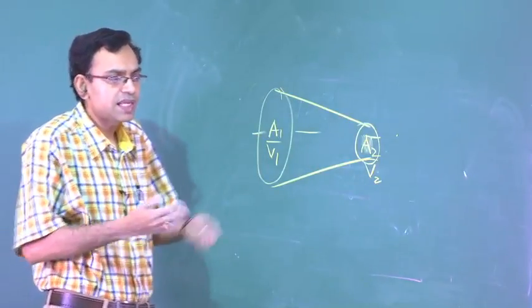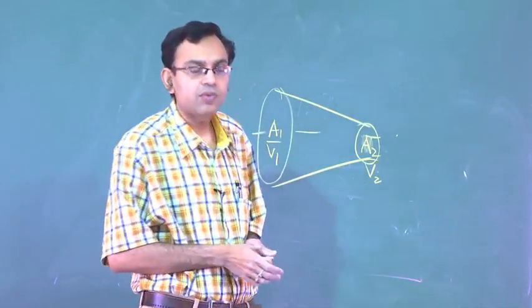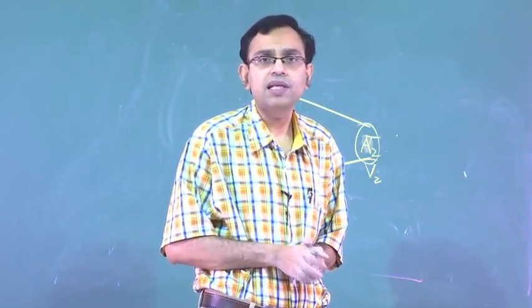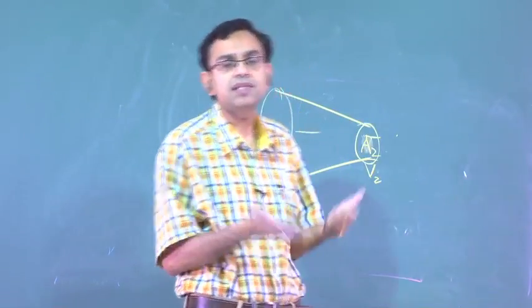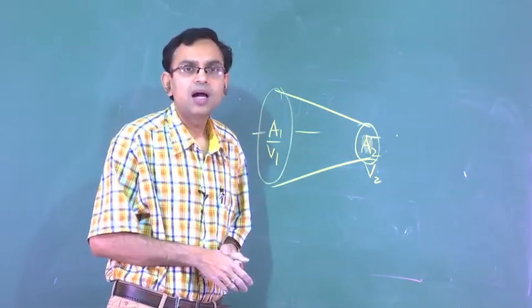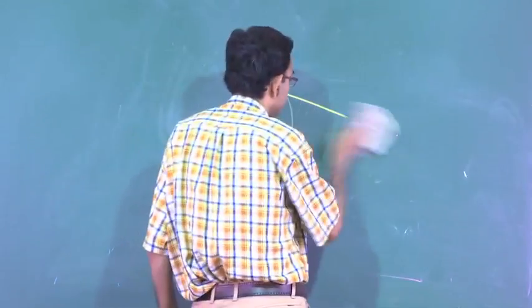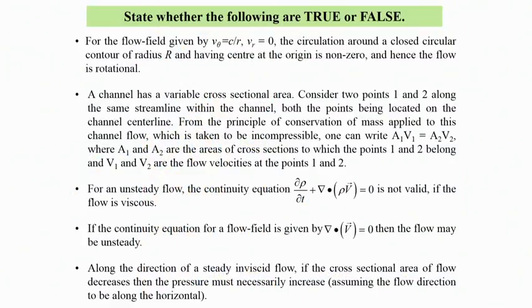So necessarily, see this statement in the question, the pressure must necessarily increase or decrease, you cannot say. It may increase, may decrease, it depends on how the density is varying. Okay. So, let us get on to the next question.